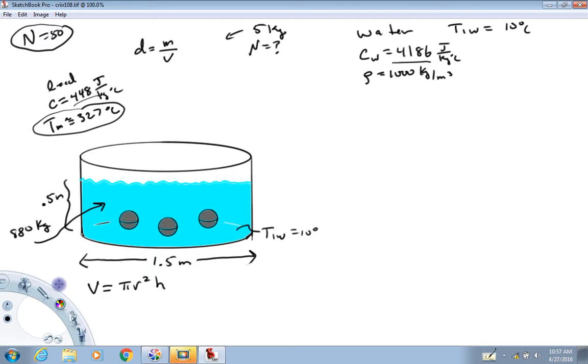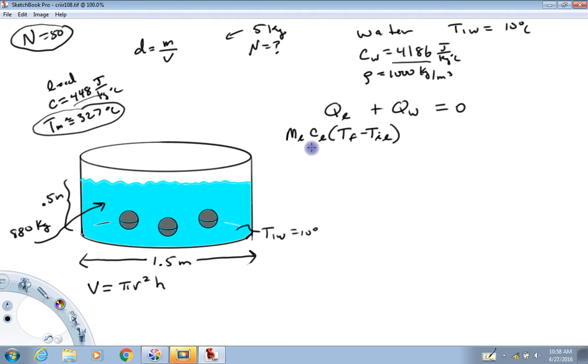As long as no heat is transferred across the boundary, then we can say the following thing, that the heat transfer for the lead plus the heat transfer for the water would add to zero, just like in my previous example. For the lead, the heat transfer term is going to equal mass of the lead times the specific heat of lead times T final minus T initial for the lead.